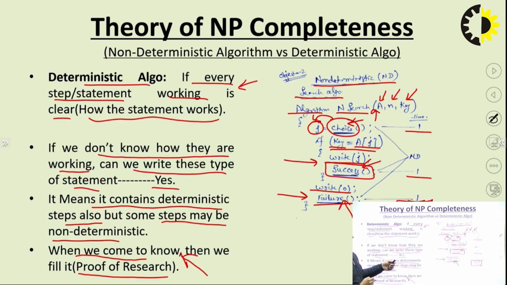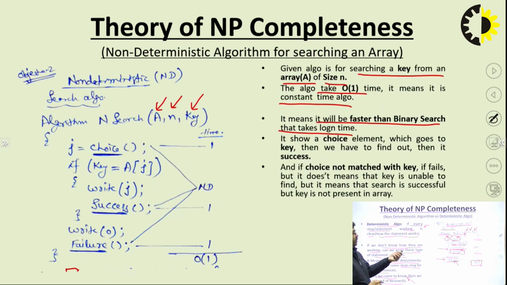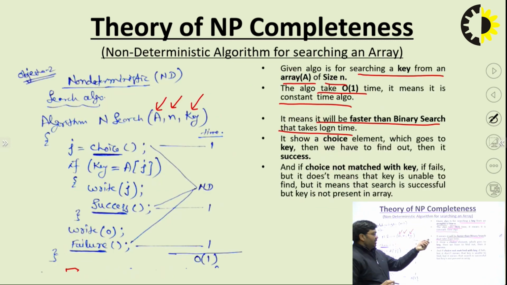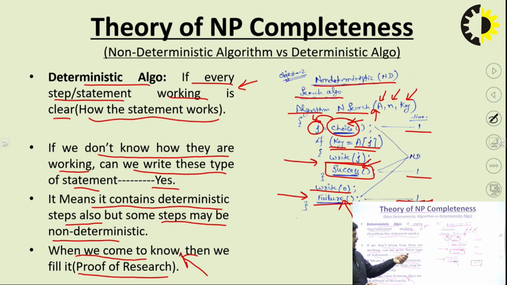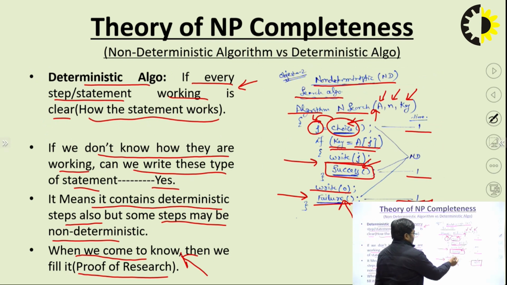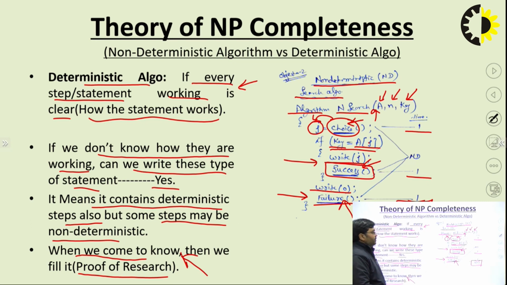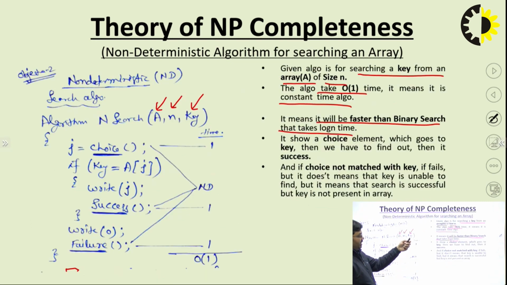If this type of algorithm is possible, this non-deterministic algorithm, because of the choice, success, and failure statements, will be faster than binary search, which is currently the fastest searching mechanism.